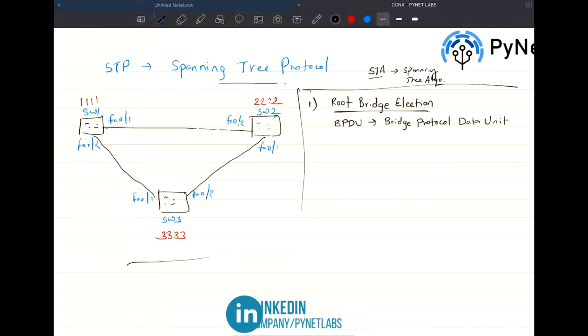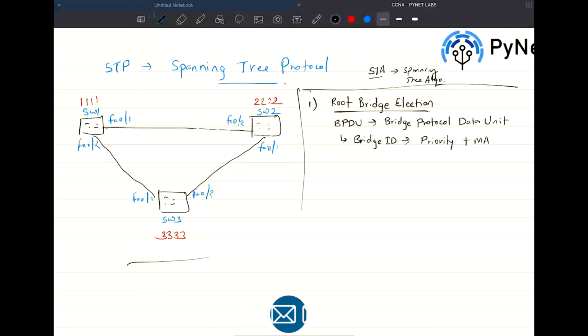And this BPDU contains something called the bridge ID. The content of this bridge ID is priority value plus MAC address. Priority value is made up of 2 bytes plus MAC address is made up of 6 bytes.